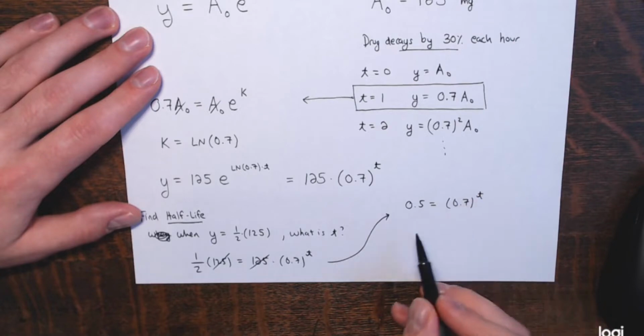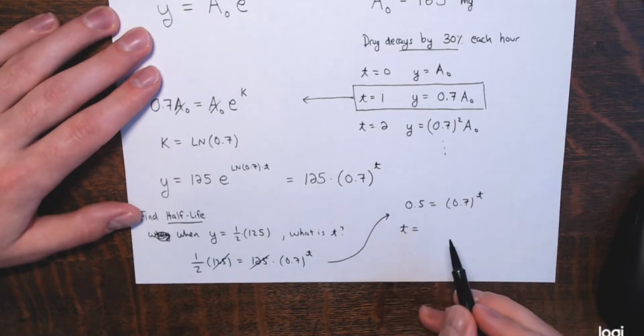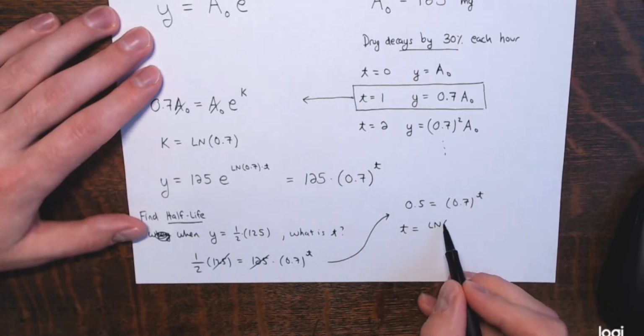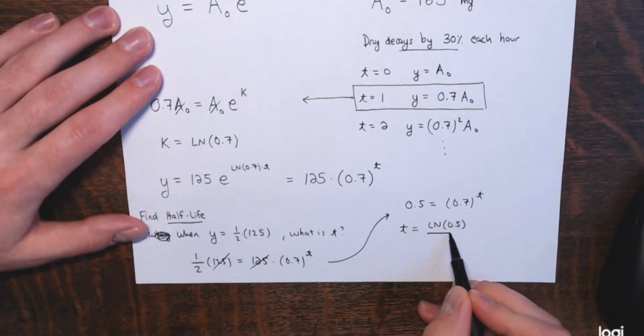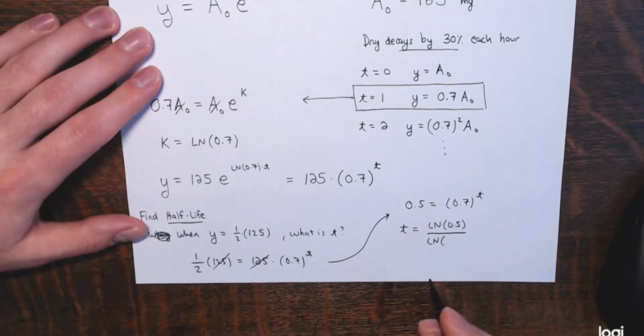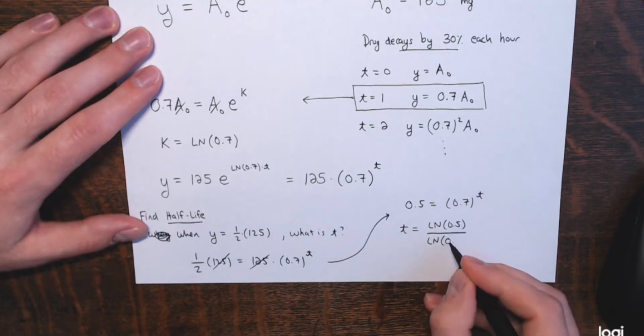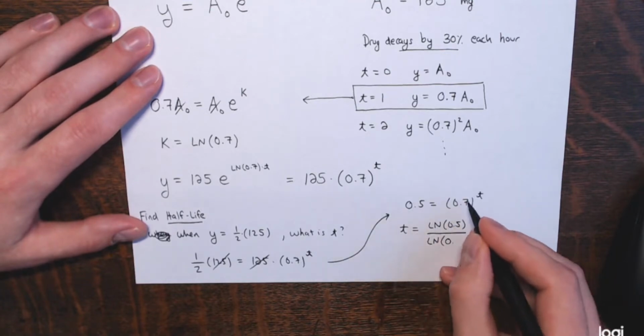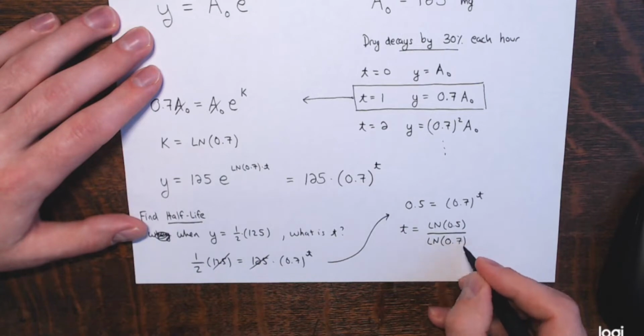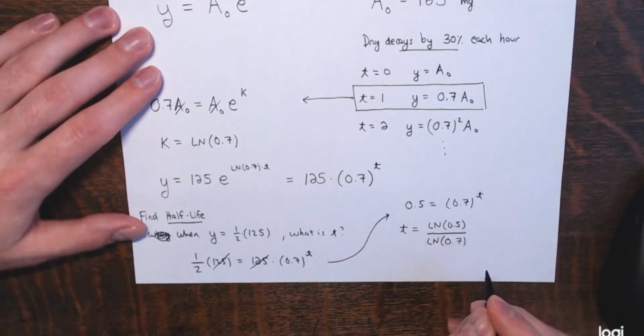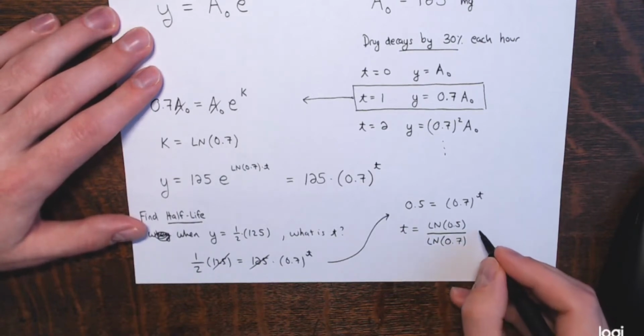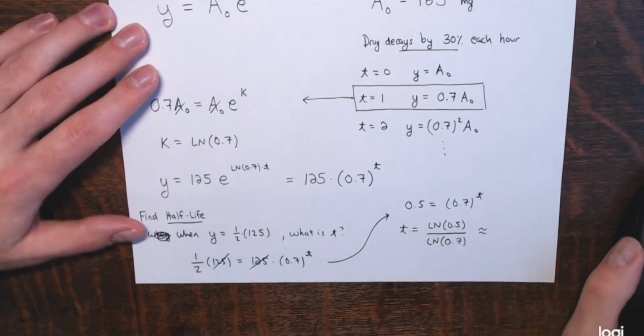So we see that t would be the natural log of 0.5 divided by the natural log of 0.7. You can change to log form, then use the change of base formula, or take the natural log of both sides, pull the t out front, and then divide. And we're asked to round this to the nearest hour. So this is calculator work.